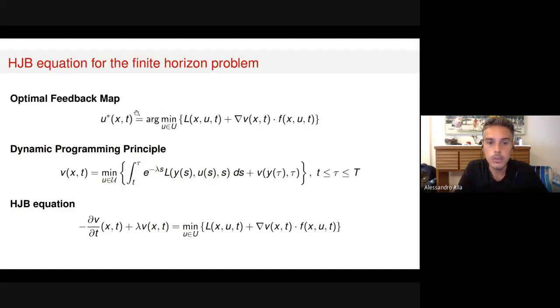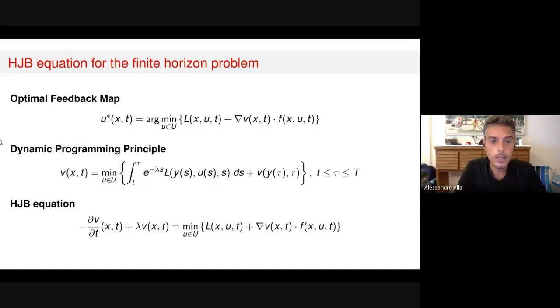The control in this case is given by the argmin of this right-hand side, which is called the Hamiltonian, where you can see the gradient of the value function, the dynamics, and then the running cost, that is, the function inside the integral of the cost functional. So now the problem is that we have to compute the value function. How can we compute the value function?